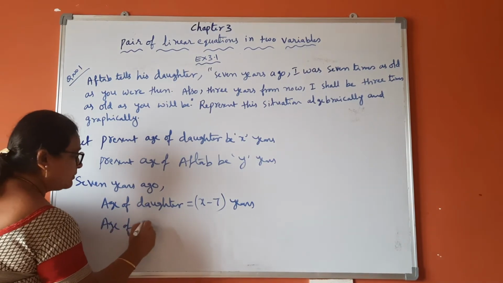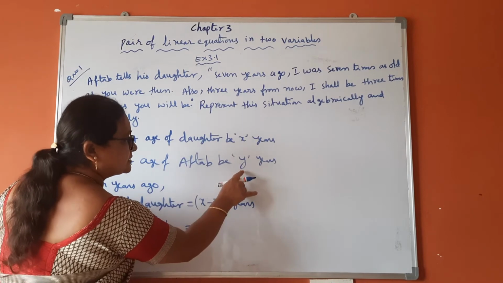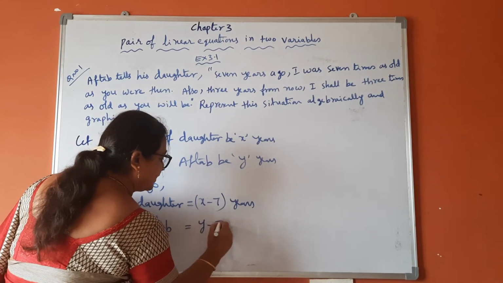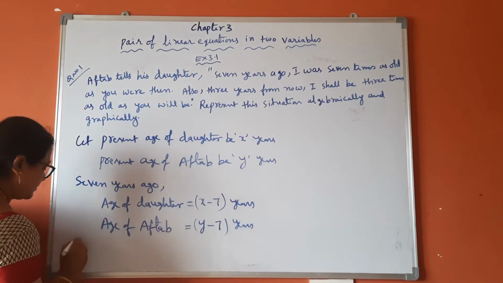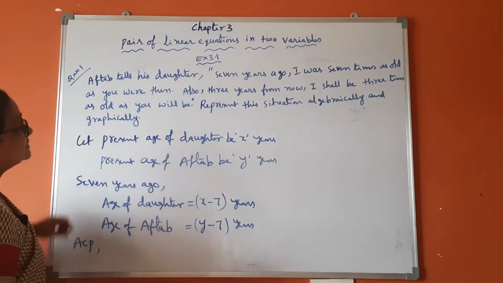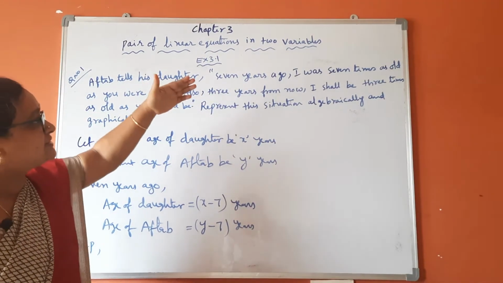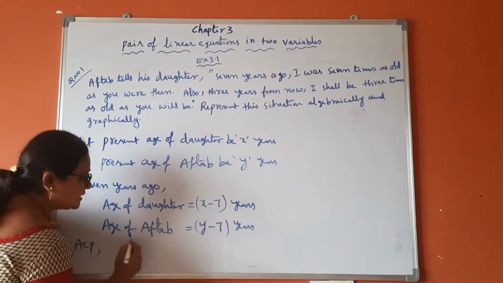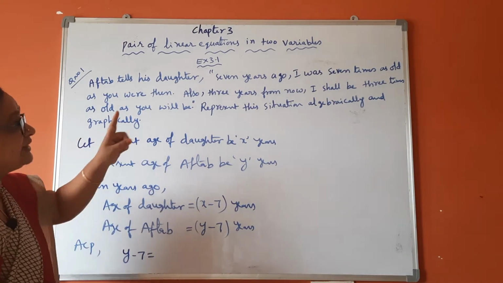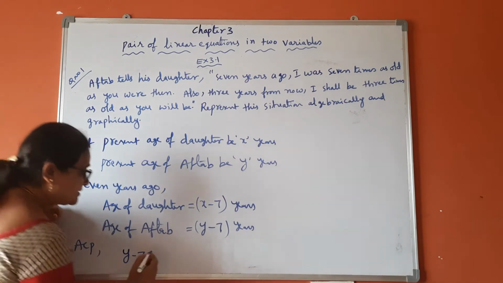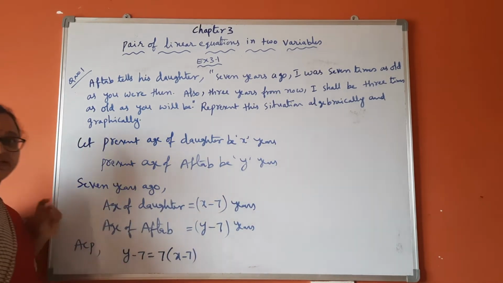Age of Aftab, present age is y years, so y minus 7. So according to the problem, what is the condition? 7 years ago, I means Aftab was 7 times. 7 years ago, Aftab's age is y minus 7, that is equal to 7 times as old as you were then, means 7 times daughter's age 7 years ago.